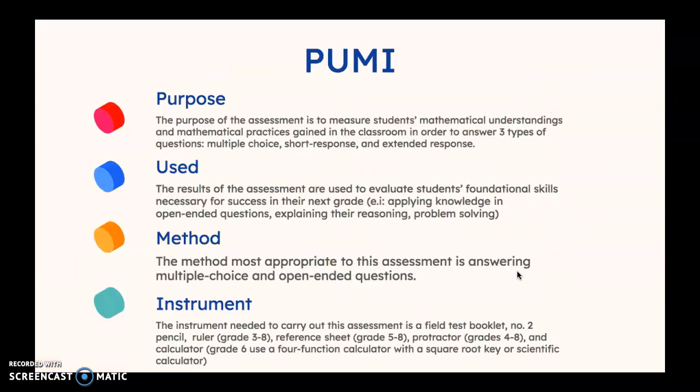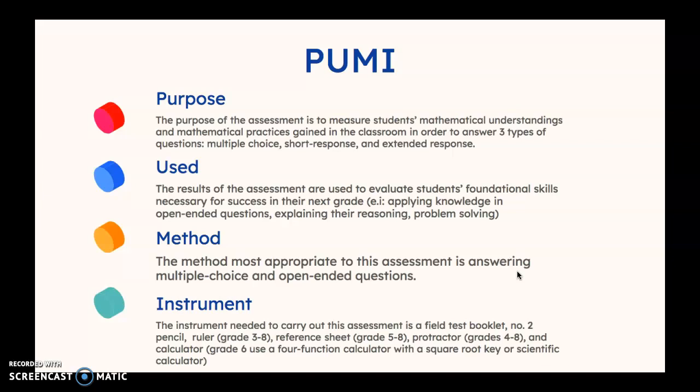So before we get started, I would like to explain the PUMI for this assessment. So the purpose for this assessment is to measure students' mathematical understanding and mathematical practices gained in the classroom in order to answer three types of questions, which are multiple choice, short, and expanded response.